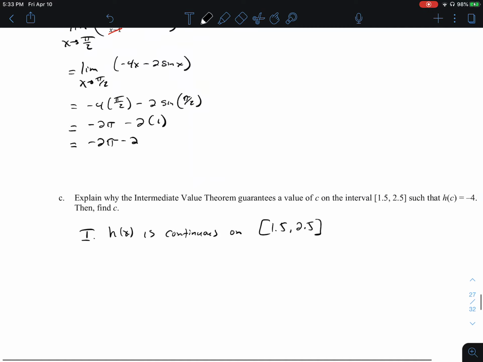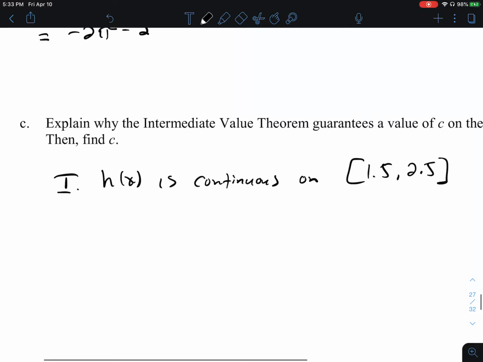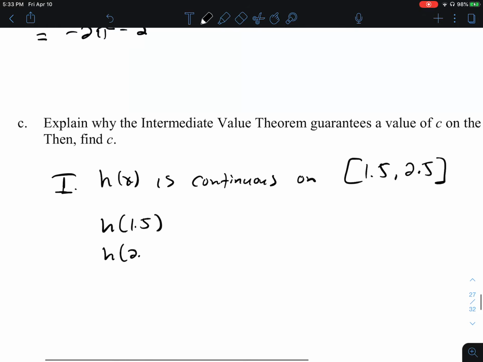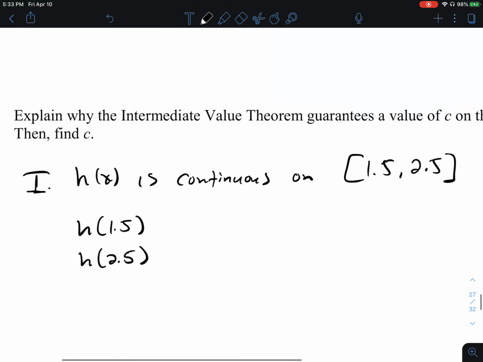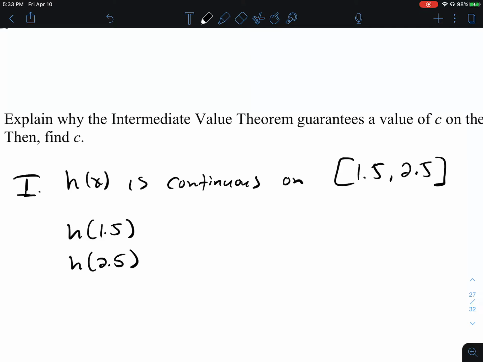And I need to figure out what h of 1.5 is and what h of 2.5 is. Since this is a calculator problem, that's going to be easy to do. Just going to put this function h into y1 and then use my table, put 1.5 in for the x value, and I believe that's going to give me negative 7.995.